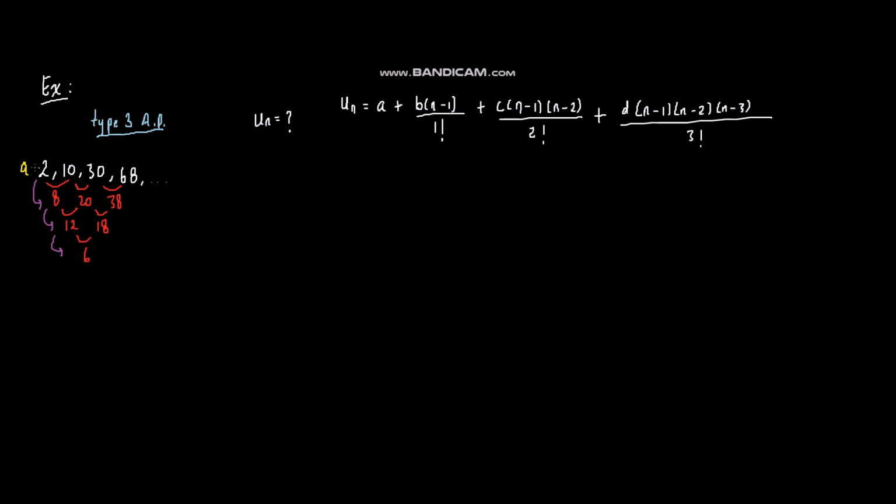A would be 2, B would be 8, C would be 12, D would be 6. You just have to remember going from top till bottom. Like that, and you can just plug them in.